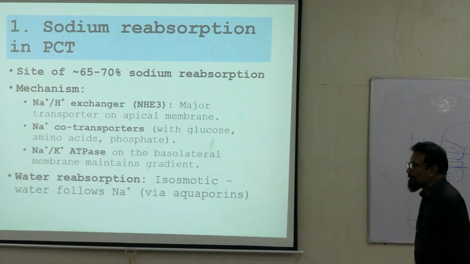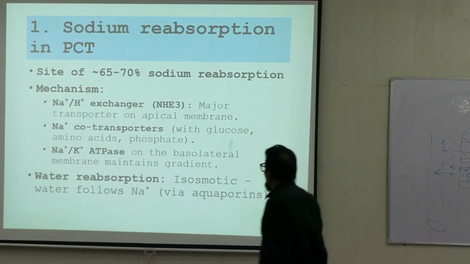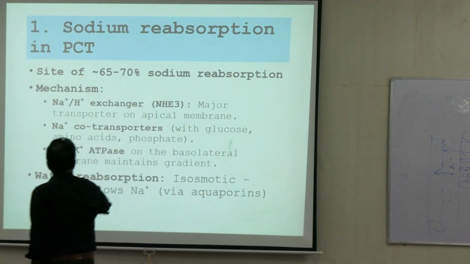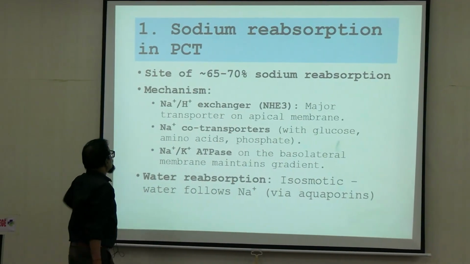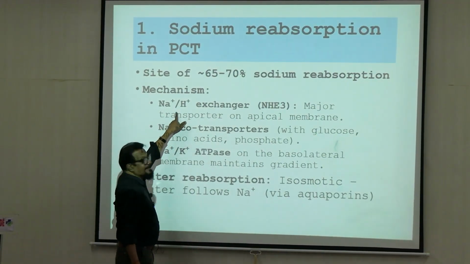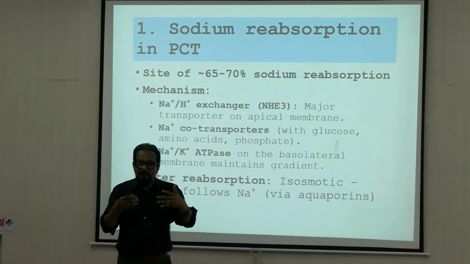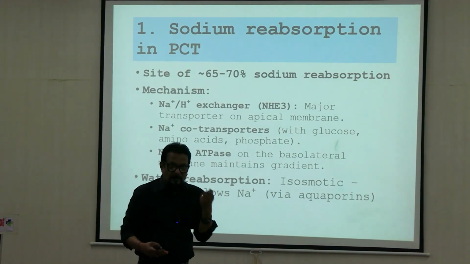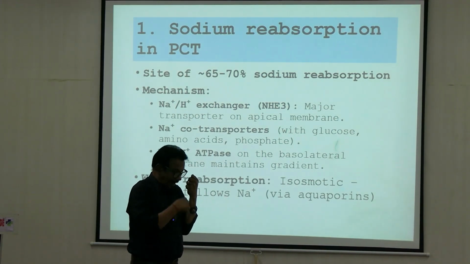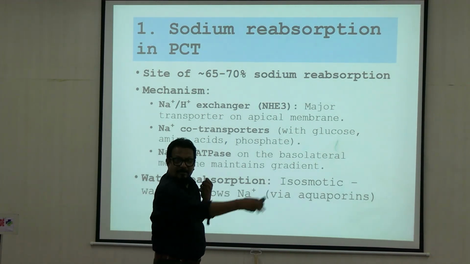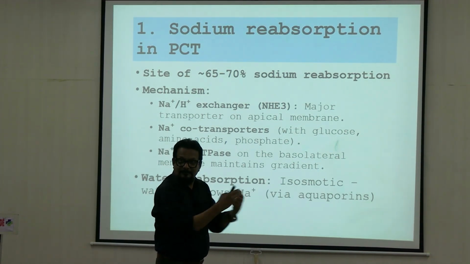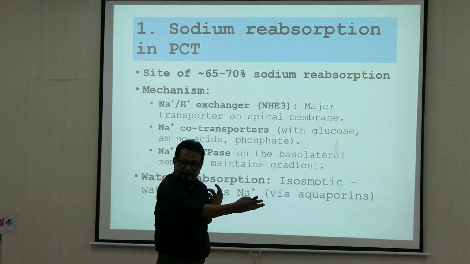Proximal convoluted tubule: how is sodium absorbed? What are the transporters involved? I said 65 to 70% are absorbed here. So here there is a sodium-hydrogen antiporter. Sodium will be absorbed from the lumen into the cell, and the cell will excrete hydrogen ion into the lumen. So there is an antiport.